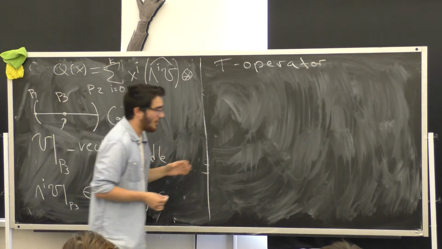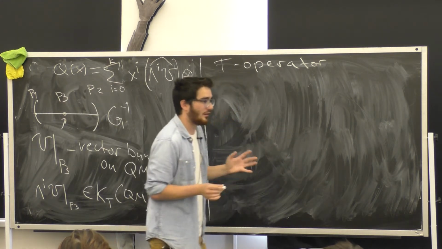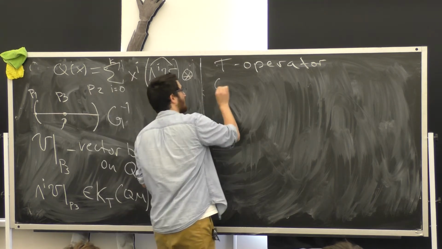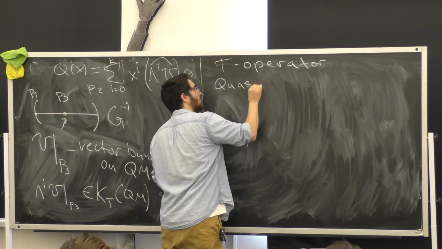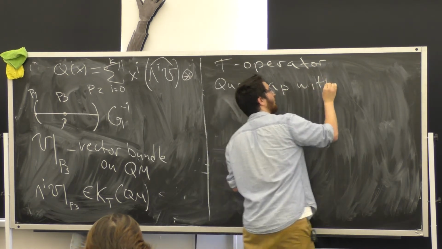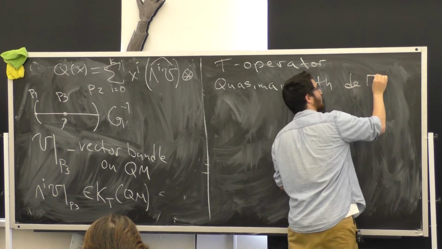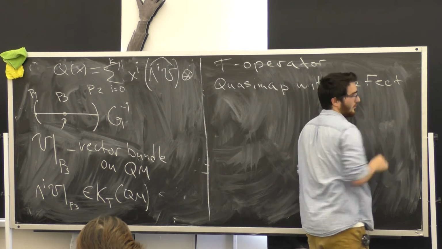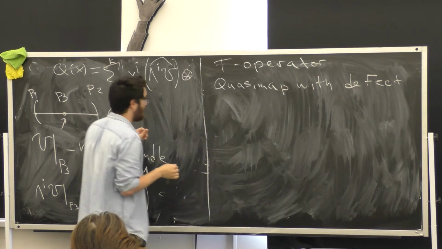Okay, so for the T operator, we need another type of quasi-map, which is a quasi-map with defect. Name subject to change.